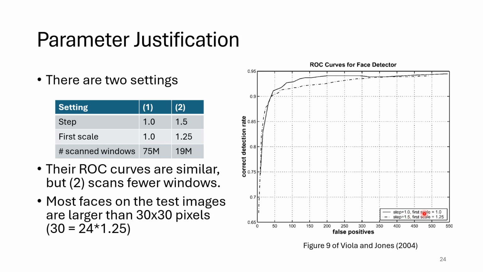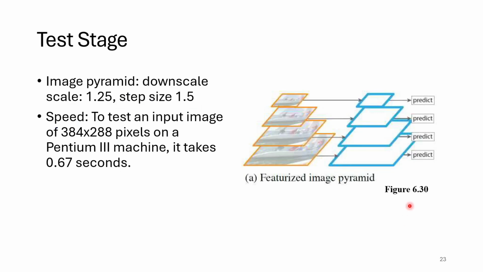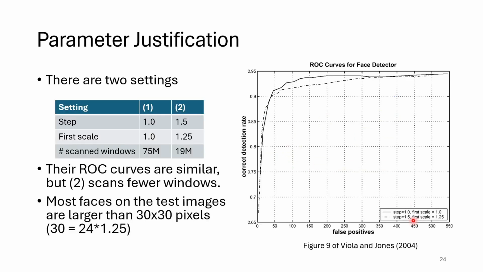Here, do they want to use the largest scale? If yes, then the first scale is 1.0. If they don't, they want to skip the first, largest image and use the second one as the first stage. Then the first scale is 1.25.